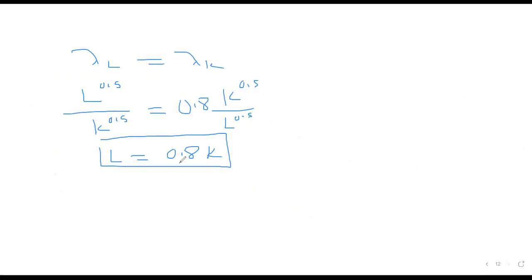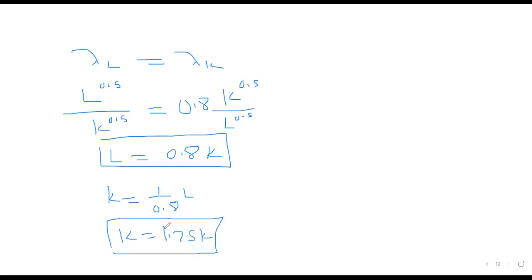0.8. If you want to make K subject, you can divide both sides by 0.8. You can still have what? K is 1 over 0.8 L. So I said we're going to have our K is 1.25 L. Same thing, whatever you're making subject to a formula. Okay.